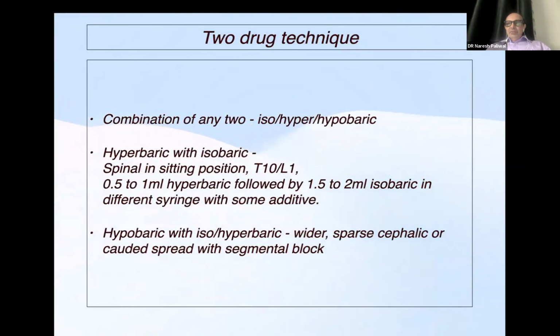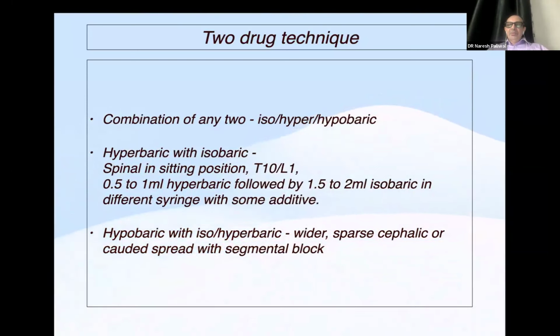Now, what happens when you want to do some abdominopelvic surgeries, and you want to use a very low dose in segmental spinal? Then there is some lumbosacral sparing, and the patient can feel pain during pelvic manipulations, like in patients with TLH, PCNL, where you want a dense block at the lumbosacral roots also.